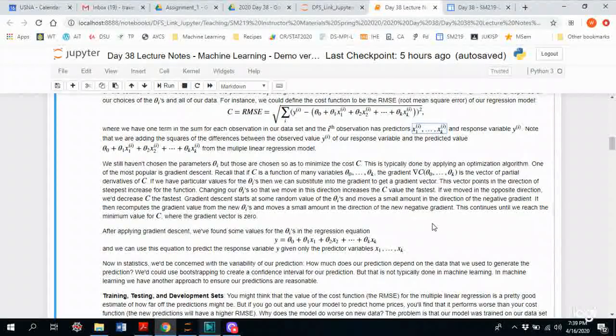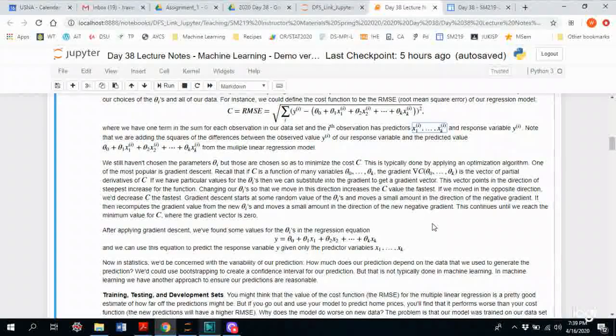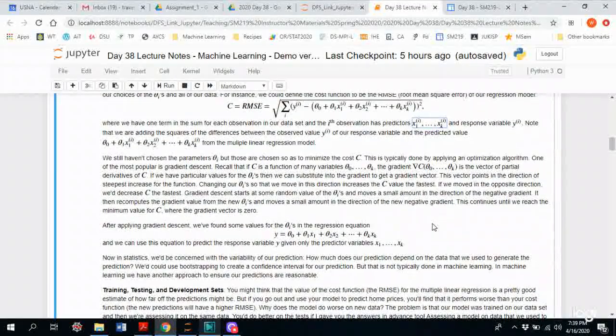And this continues until we reach the minimum value for C, where the gradient vector is 0. After applying gradient descent, we found some values for the theta i's in the regression equation. And we can use this equation to predict the response variable y, given only the predictor variables x1 through xk.